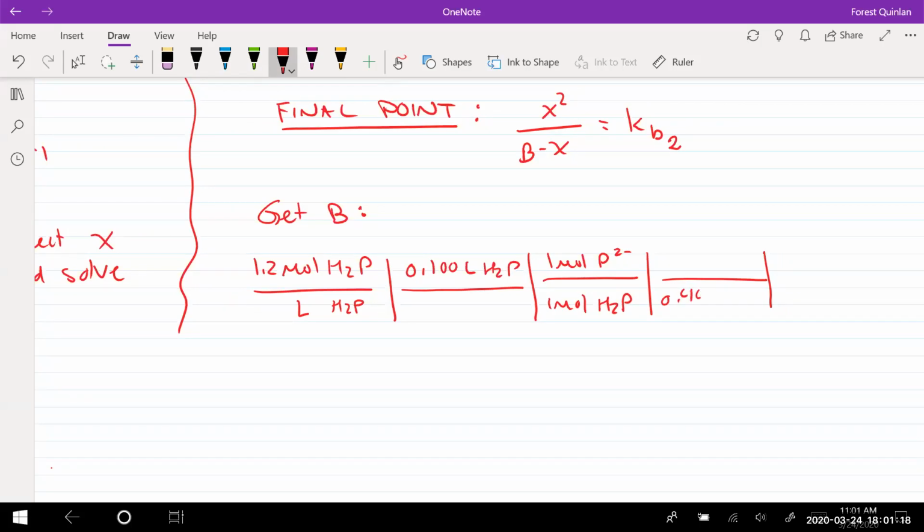So that's 0.4 liters of solution, right? So that here is the 100 initial and the 300 added. That should give us 0.3.